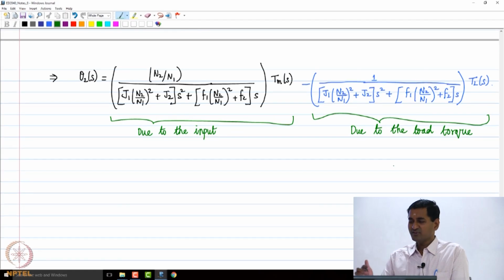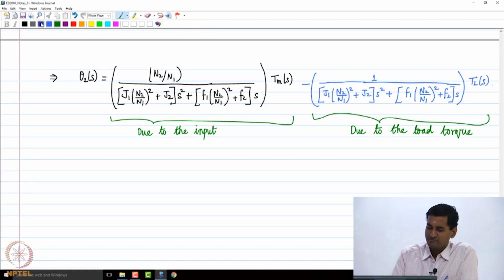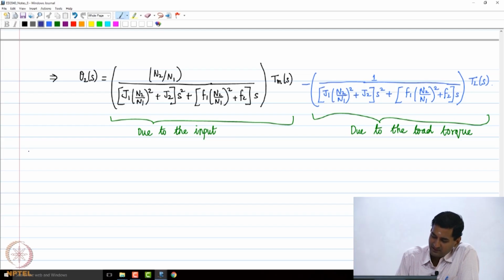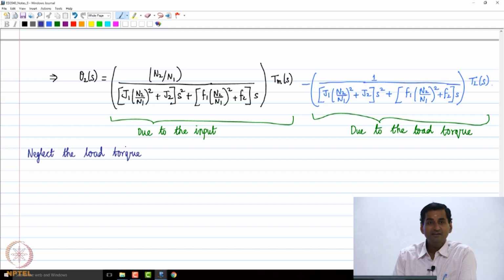For further analysis and design, momentarily we will neglect the load torque, so that we can carry on with the analysis. Then we will revisit towards the end and see how our design is affected by the load torque.